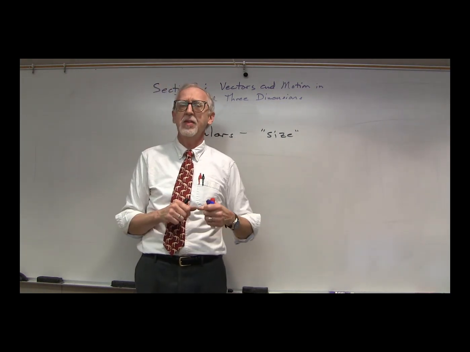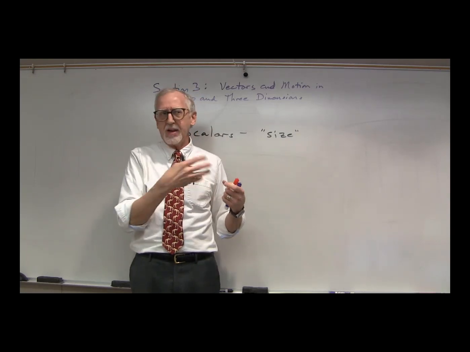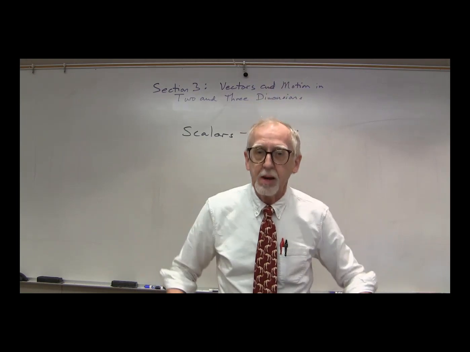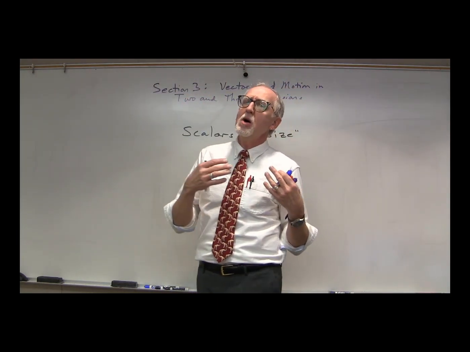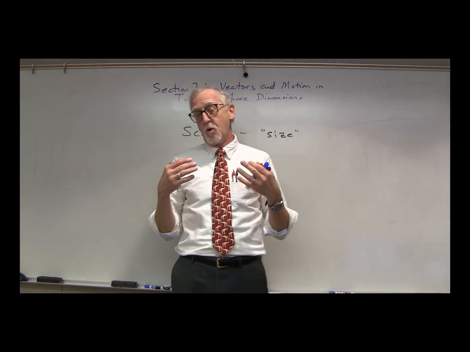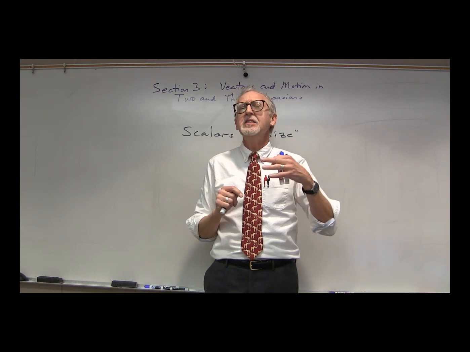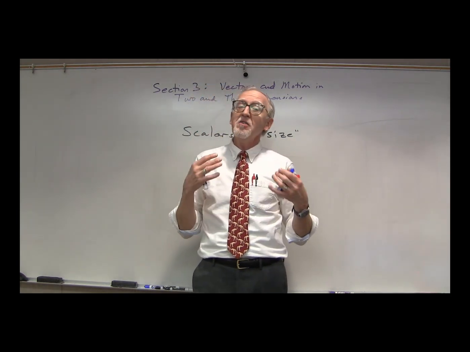So how is that different than a vector? Or how is that not a scalar? Well, I could also move this way, or maybe up, or down, or something like that. So motion, or a displacement, as we described earlier, going from one point to another, is a vector quantity.